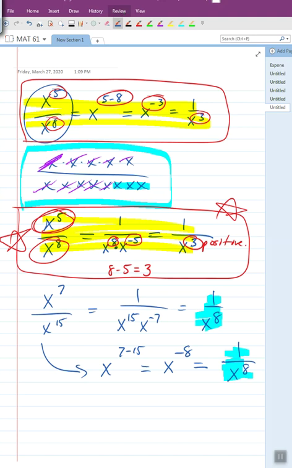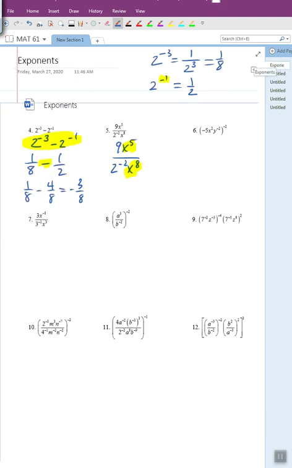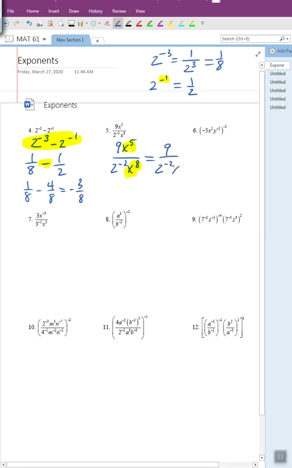So if we go back to this one, I think what we said is you would end up with 3 x's in the bottom. Okay, question, what would you have to do with that 2 to the negative 2? What do you pretty much want to do anytime you see a negative exponent on something?